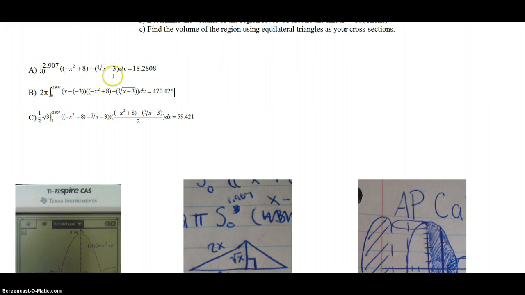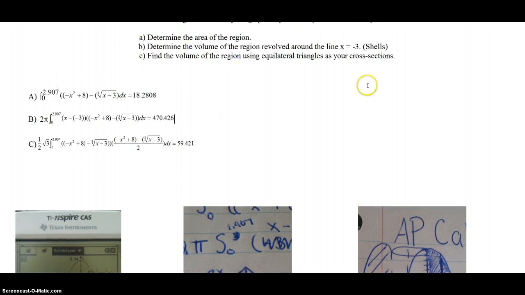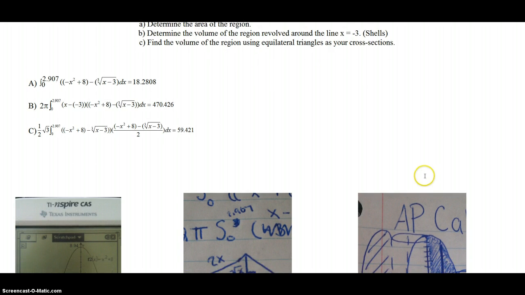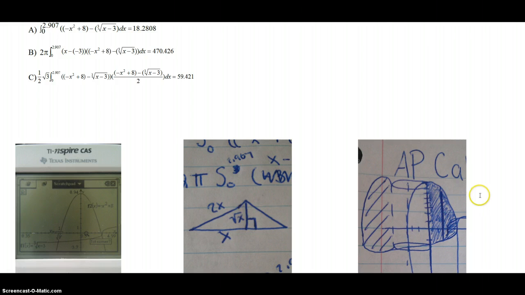So you take the upper curve again, which is negative x squared plus 8, and then you subtract the lower curve. And then you plug that into the integral, and you end up with 470.426. And that's the volume of the region revolved around the line x equals negative 3.